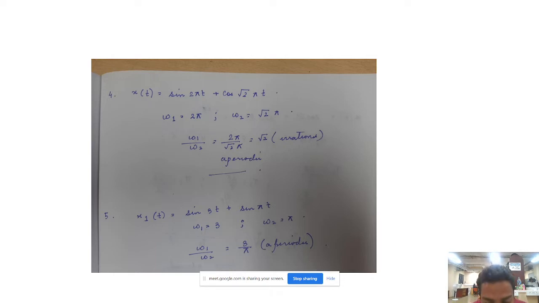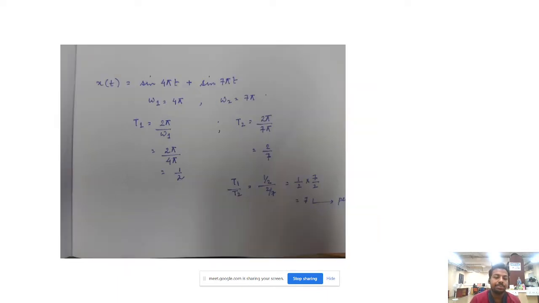If we compare with the basic fundamental equation, we have omega 2 is equal to pi. So we have omega 1 by omega 2 is equal to 3 by pi. Obviously 3 by pi is not a rational number by the definition, because pi is not rational. So we will say that this x1 of t is an aperiodic signal.